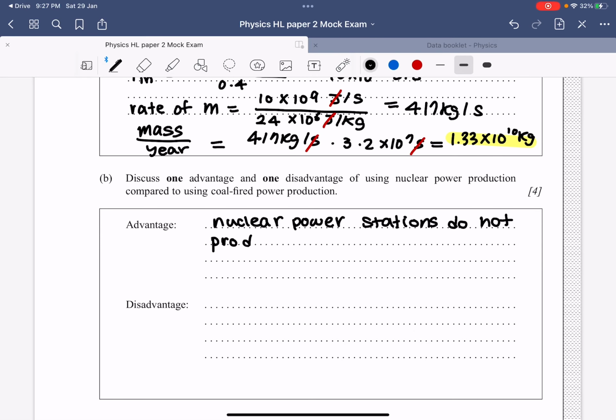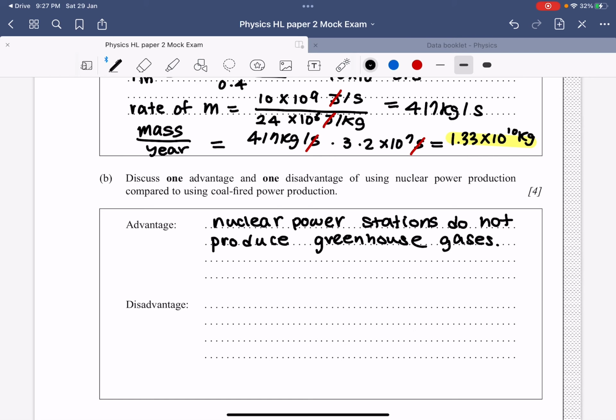This is one of the biggest advantages of using nuclear power production instead of coal-fired power production. Of course, as I mentioned, there are other advantages as well, but this is one of the main advantages. You will get the full 2 marks from this answer.